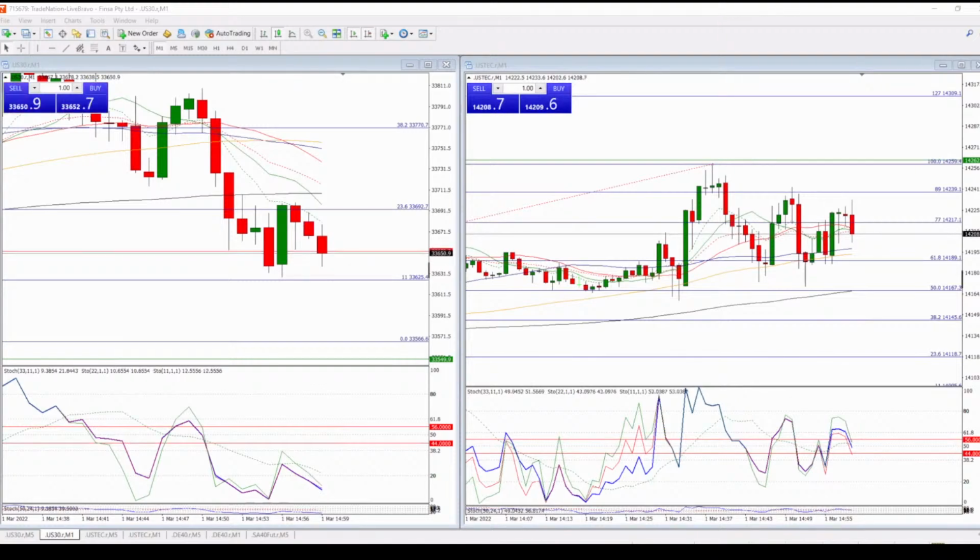We are currently below that 38.2 level on the Dow opening range. Oh, they pulled up. Okay, never mind. So a 5-minute candle close below 38.2 and break of the previous candle low is a valid trigger short.